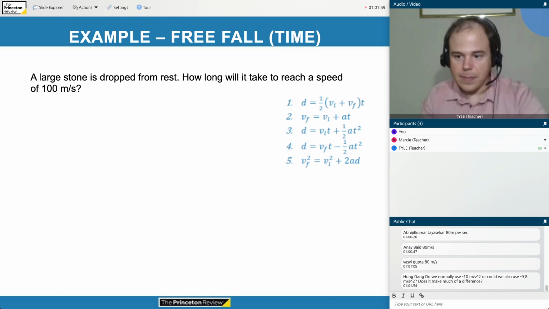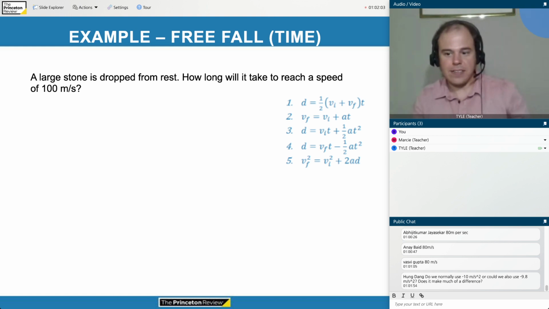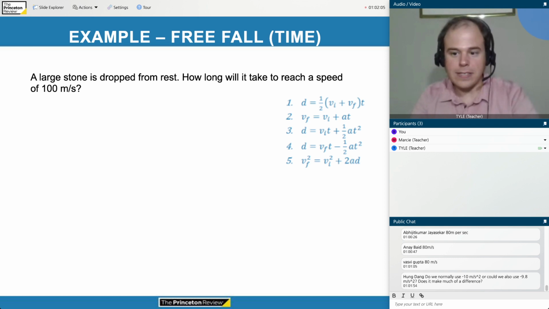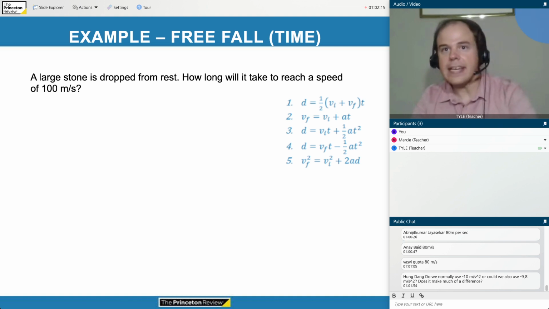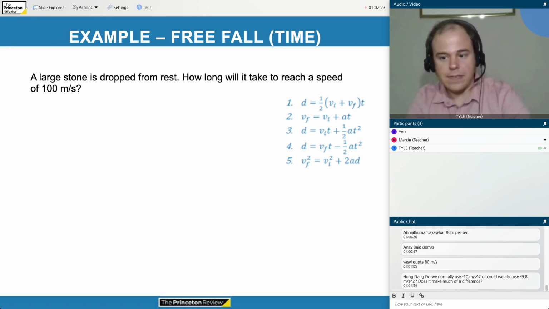As you guys are working, I'll answer this question from Hung, which is, do we normally use negative 10 meters per second squared, or could we use 9.8 meters per second squared? It just depends on how precise of an answer you need. Typically, 10 is good enough. That's pretty close to 9.8. But if you needed a more precise answer, you could use the more precise value.